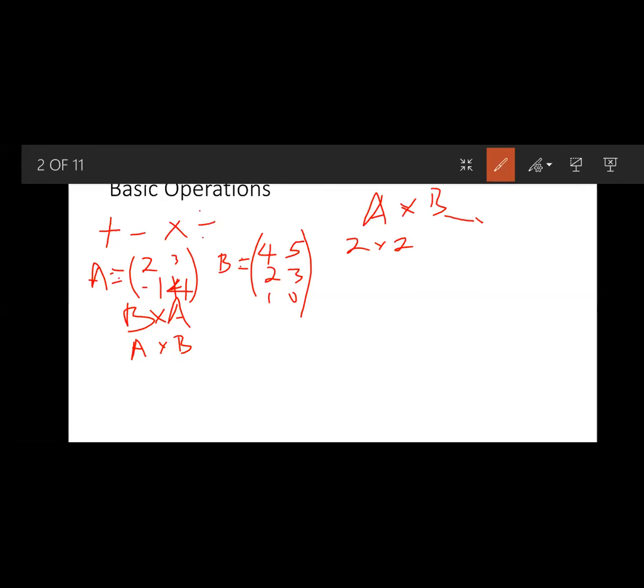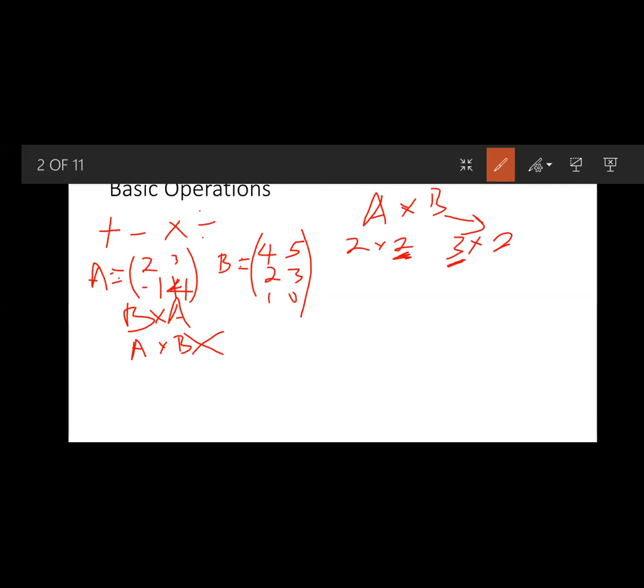For B, the dimension is 3 by 2. So the last one here and the first one here must be the same. As a result, A times B does not exist.